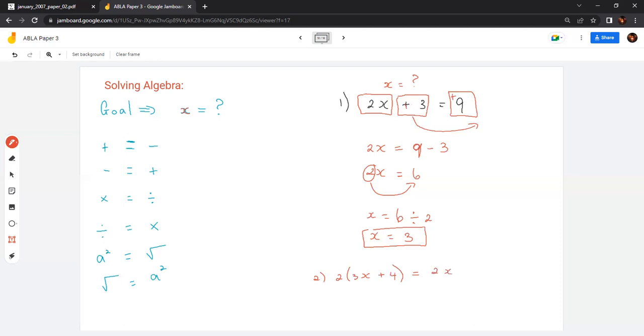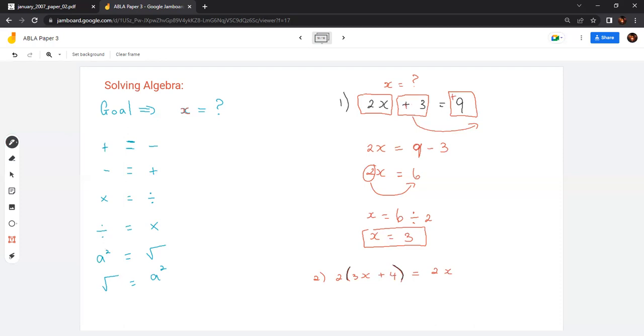All right, so let's look at this one. Let's say they ask us to solve this one. Now in solving this, you have brackets. Algebra doesn't do too well with brackets. So we want to free our numbers.